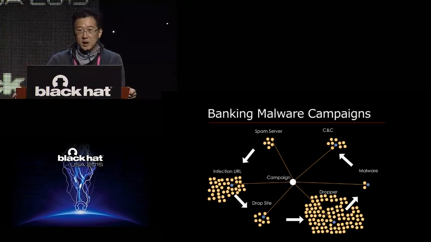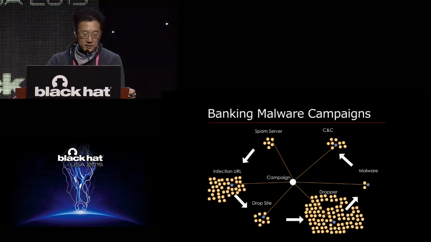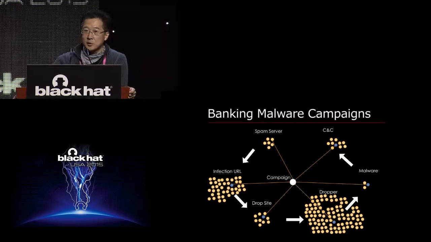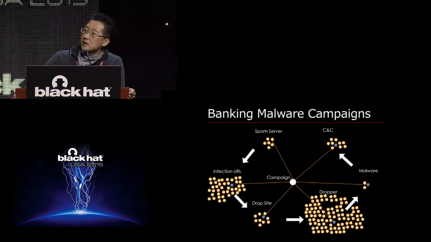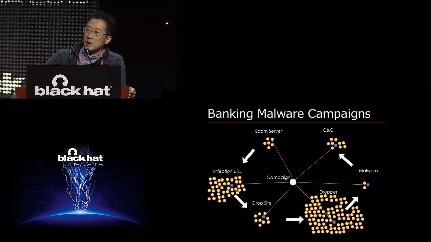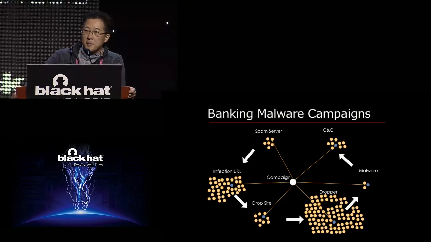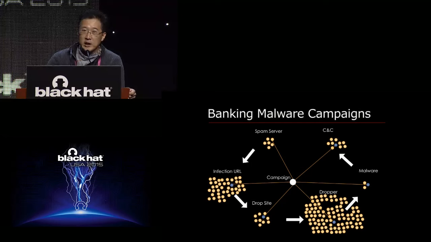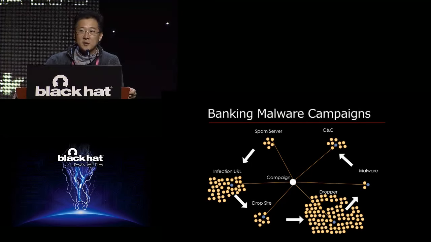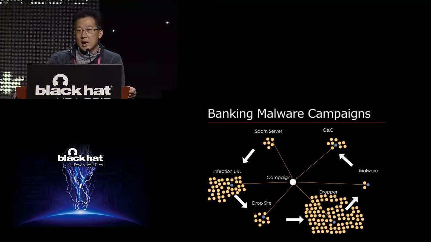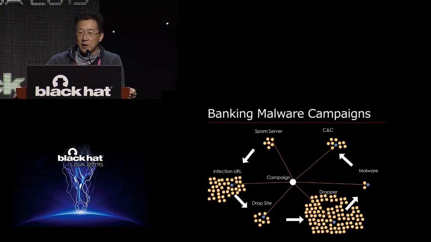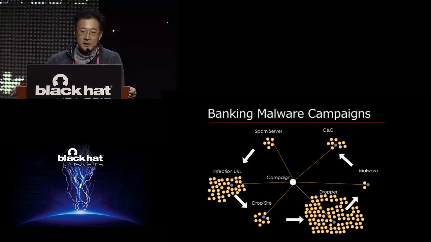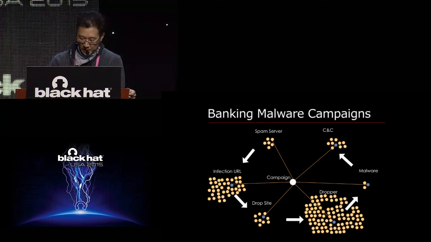It usually consists of spam emails, infection URLs, droppers, the actual banking malware, and CNC sites, which provide the configuration of the banking malware, which usually contains the list of the target banks, the banking page URLs, and the injection scripts and things like that.